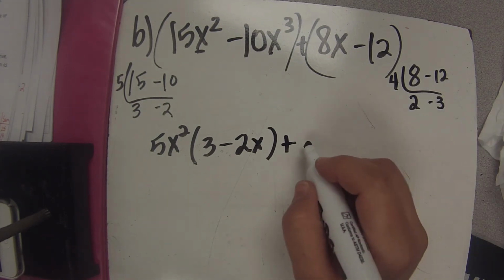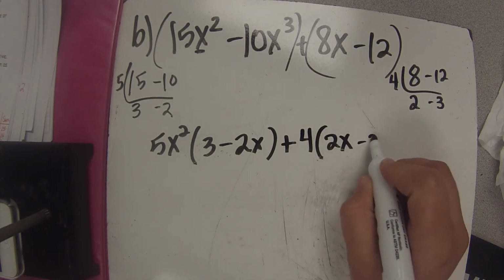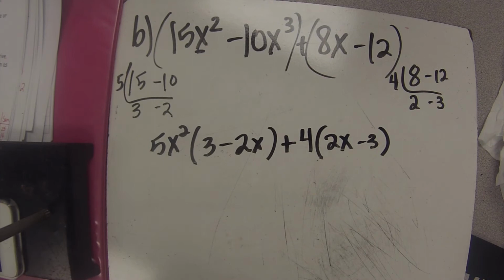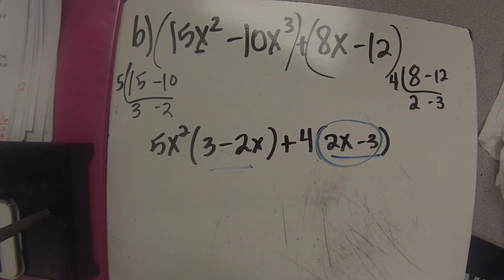I'm going to pull out a 4 here, and I'm left with 2x minus 3. You can see that they're very similar, but they're not exactly the same, our two binomials. So if I concentrate, really you can do either one.